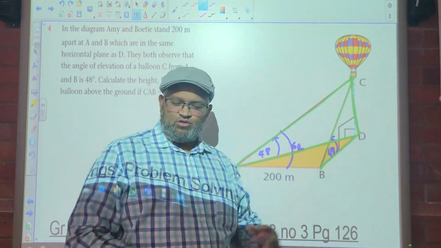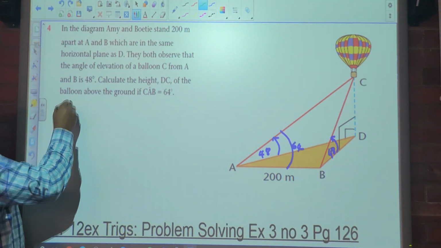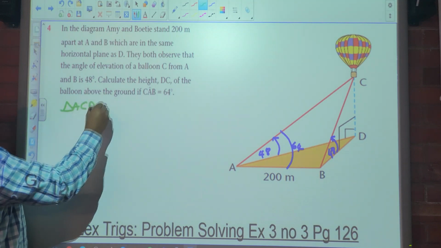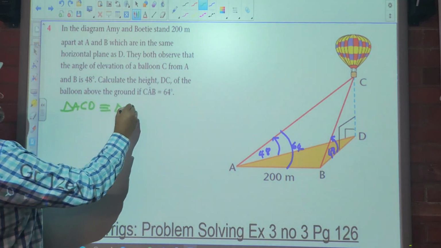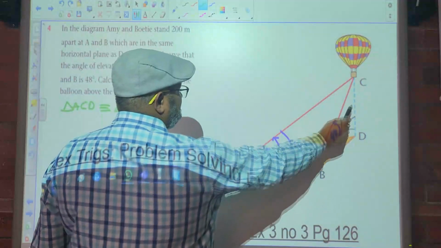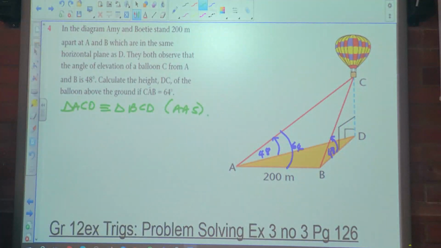So those two triangles are actually congruent triangles. So triangle ACD is congruent to triangle BCD. Why? Two angles and a side. Angle, side. Our favorite one, huh?